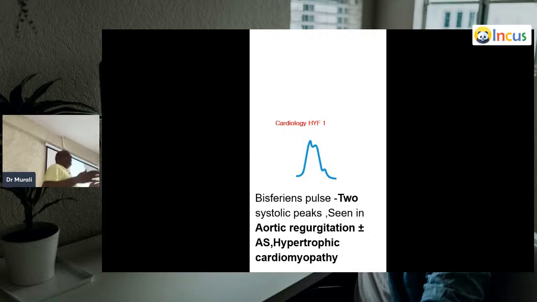So the moment the left ventricle goes into systole, you get one pulse peak, and touching happens, obstruction happens. Then once more it overcomes that, and then it pushes the blood into the aorta, then the second peak comes. So two peaks during a single systole is what you see in hypertrophic obstructive cardiomyopathy and AR plus or minus AS.